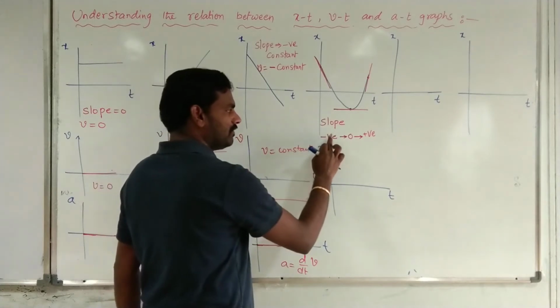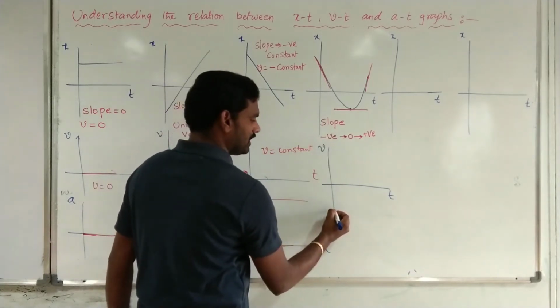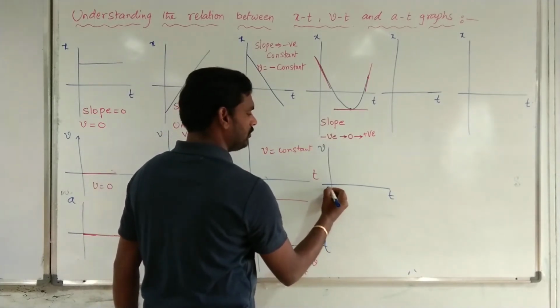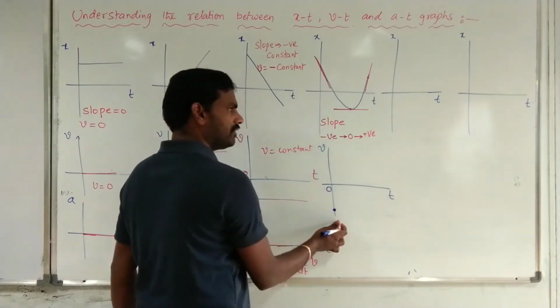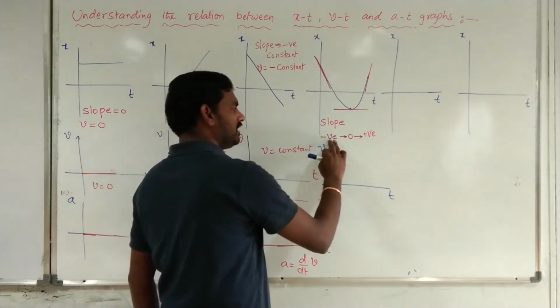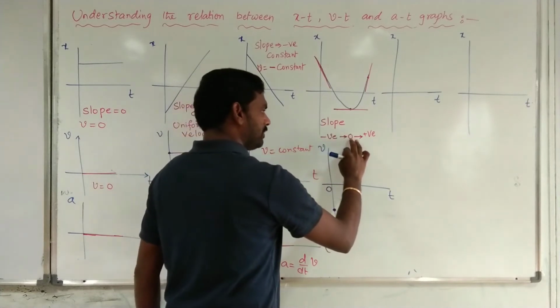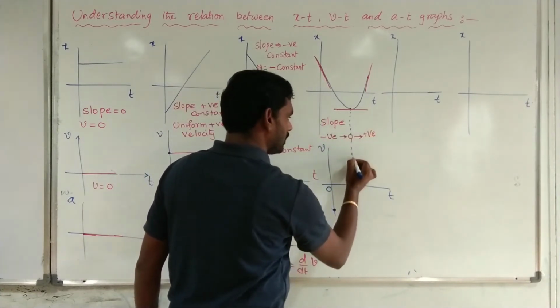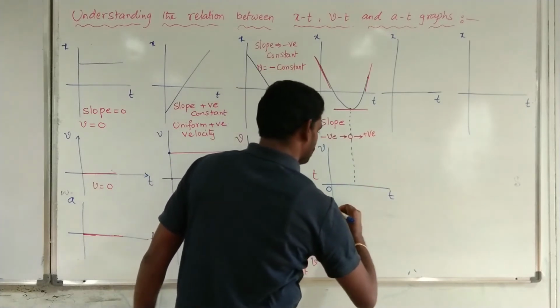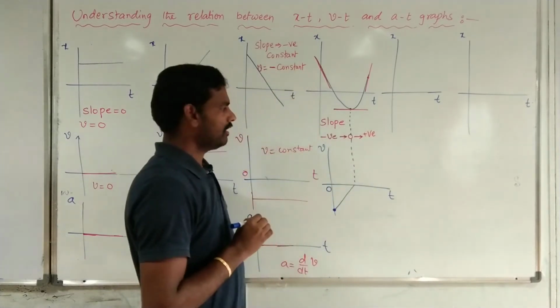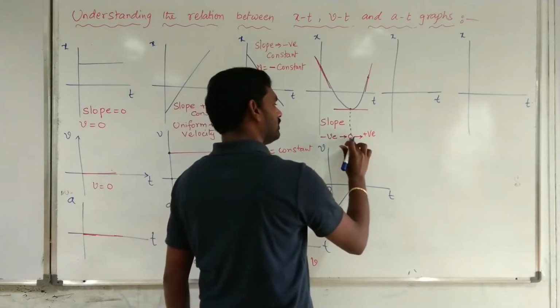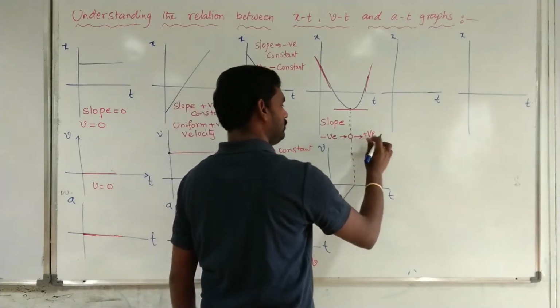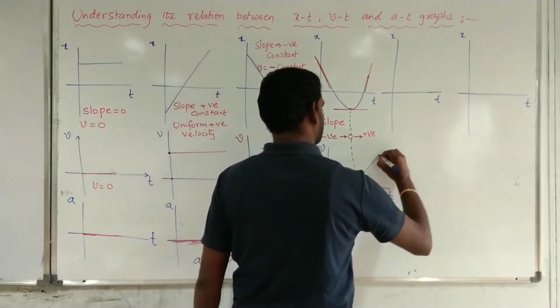The slope is negative, that means velocity is negative initially. This is 0 and this is positive, and the downside is negative. Initially the velocity is negative and it becomes 0 as time passes. At this point it will become 0, and later the velocity is changing from 0 to positive.